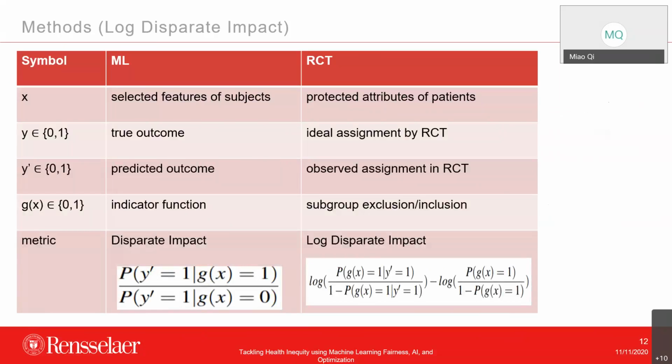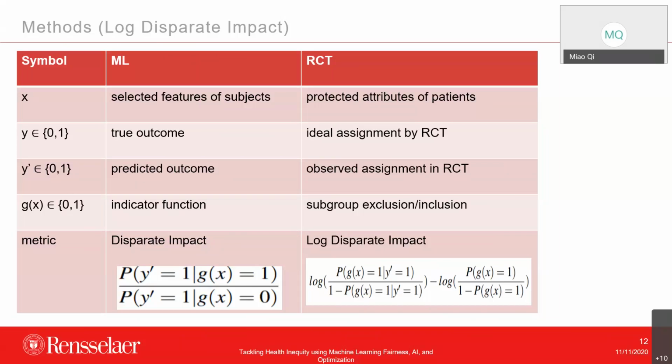So here is an example of the derivation of our equity metric. Compared with a machine learning metric, X here, instead of being the selected features of the subjects, becomes the protected attributes of the patients. And then the true outcome in the machine learning metrics becomes the ideal assignment by a truly random clinical trial. And then the predicted outcome from the machine learning becomes the observed assignment in a real clinical study.